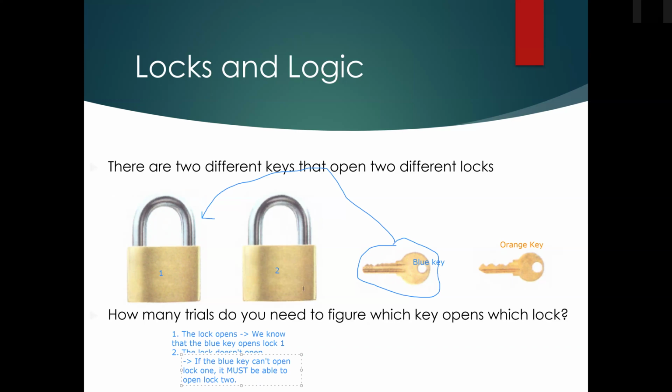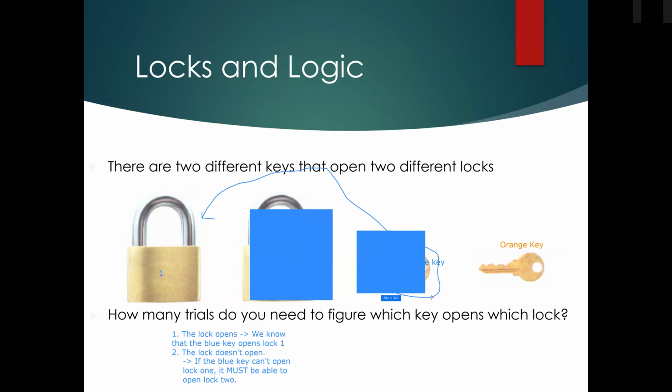So from that one trial, we can understand that the blue key can open lock two. Since we know that these are a pair, we can ignore them. And then we're left with lock one and the orange key. Since these are the only two left, we automatically know the orange key opens lock one. So in both cases, after we do one trial, we can figure out which key can open which lock. So that leads us to our answer.